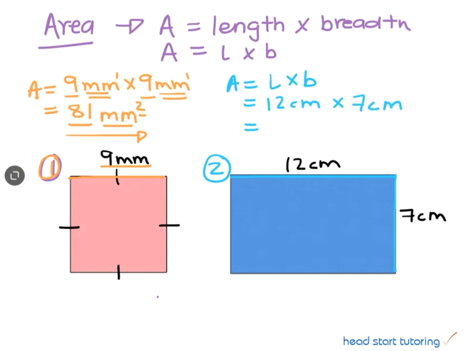So what we need to do now is multiply our numbers. So we've got 12 multiplied by 7 is 84, and centimeters multiplied by centimeters is equal to centimeters squared. So the area of this rectangle of 12 centimeters by 7 centimeters is equal to 84 centimeters squared.